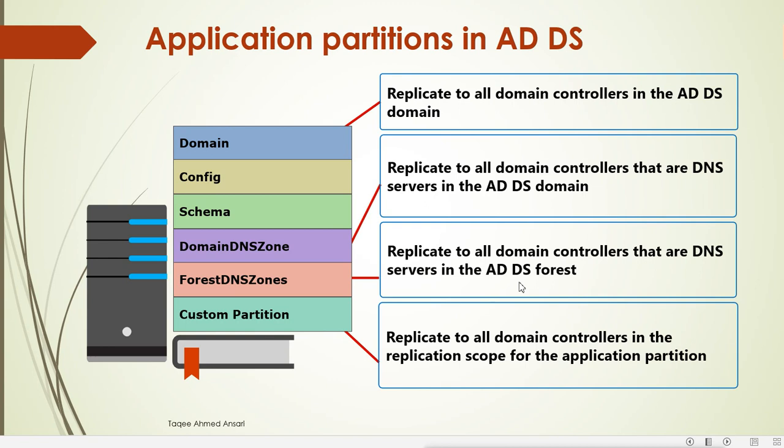Basically the Active Directory domain controller is also a DNS server, so the domain DNS zone replicates within the domain, and the forest DNS zone replicates into the whole forest. Then the custom partitions that we can create will replicate to the domain controllers in the replication scope we define for the application partition.